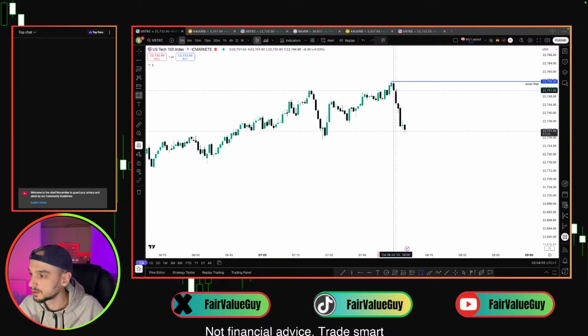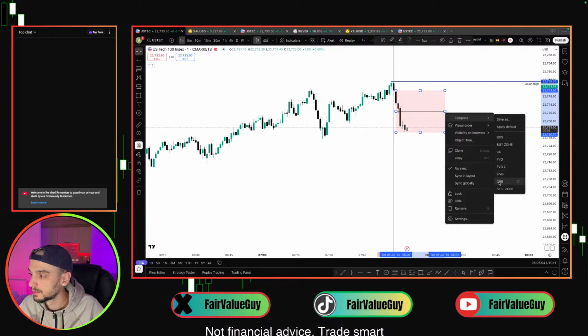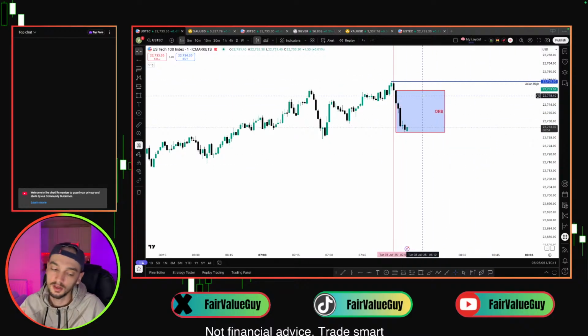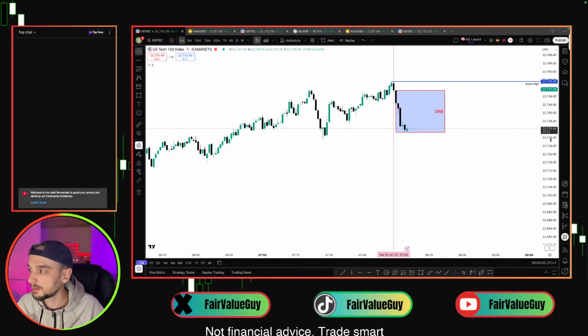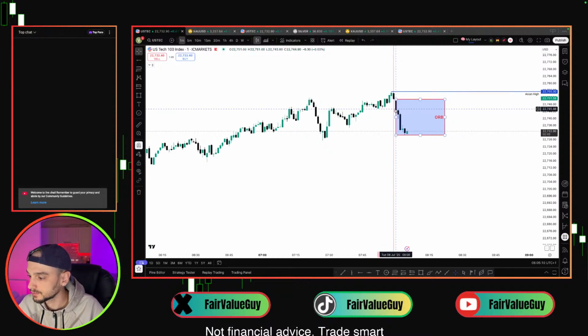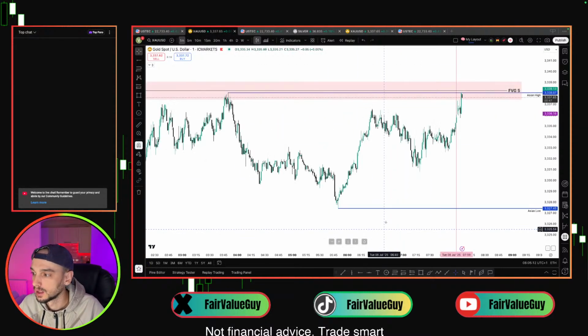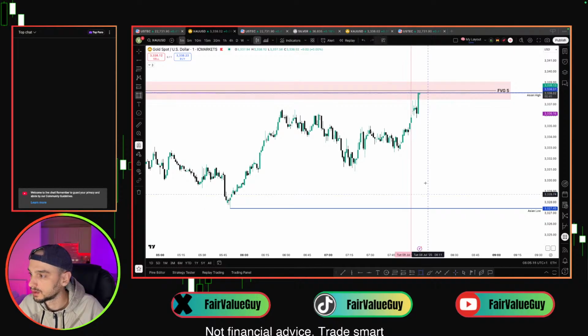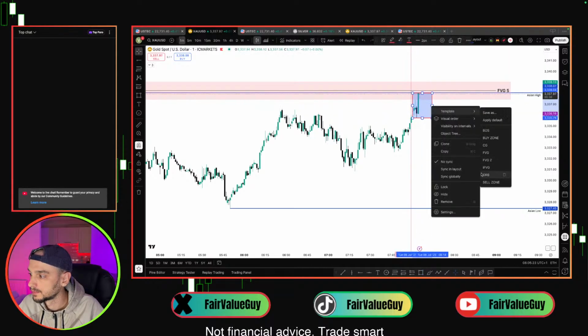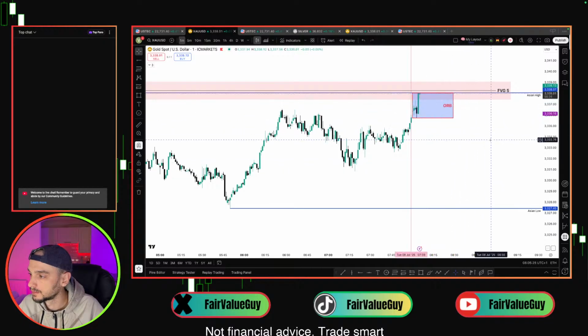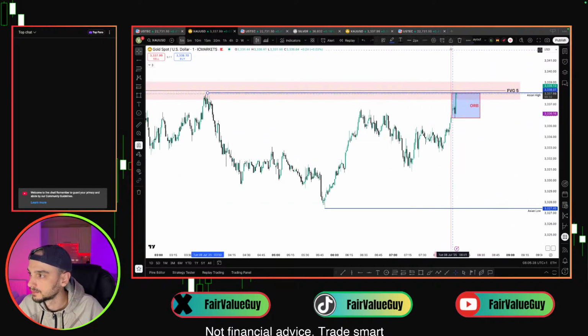Okay, we have the first ORB. This will be our first map. This is our mini map of the session. And we have it here as well. We have liquidity sweep here.